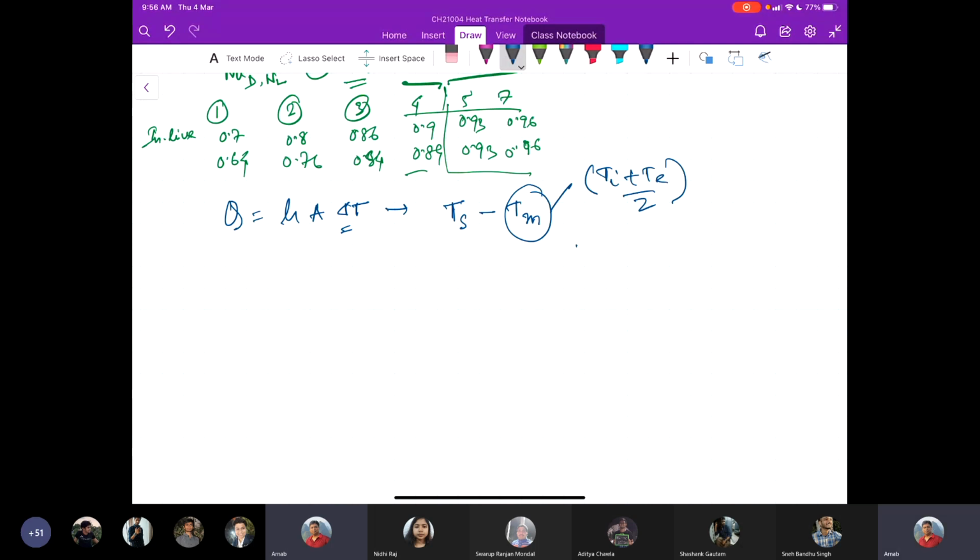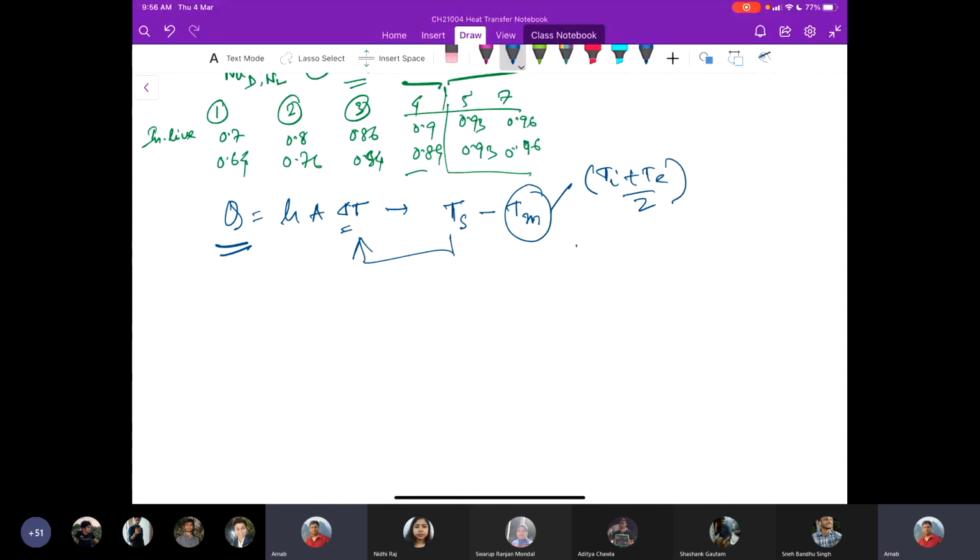But if we use this delta T, what is seen here is that this heat transfer rate would be much higher than what is actually happening. So we will see why we do that and why this delta T is not proper.